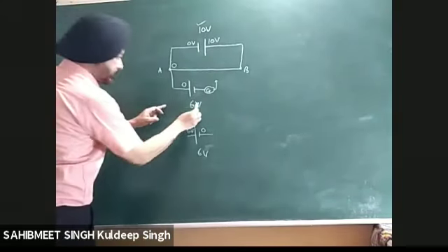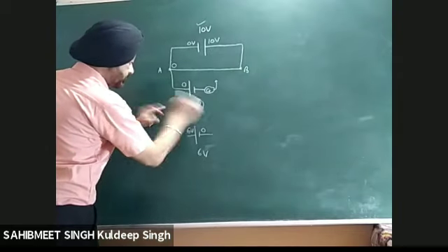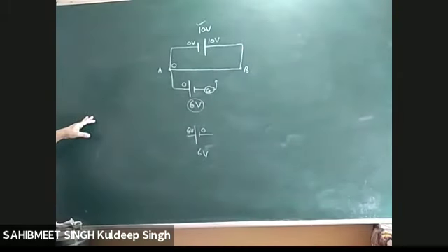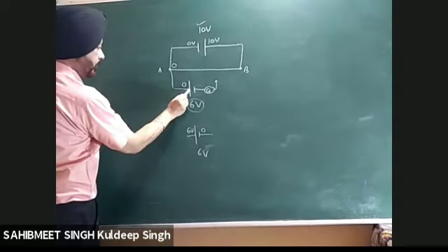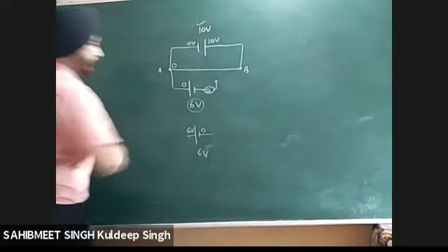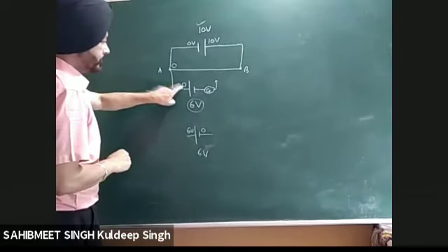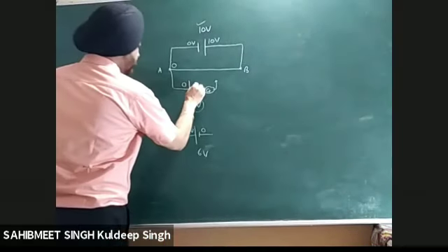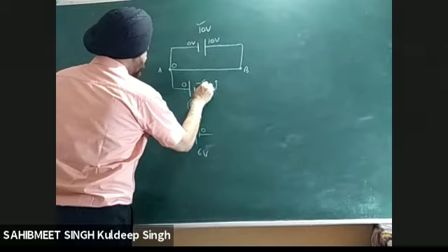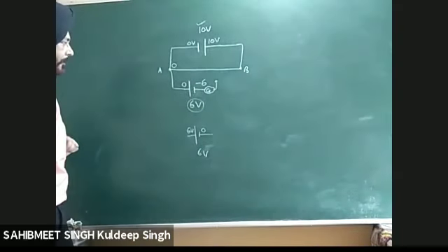Now the EMF is 6 volt. So therefore, the potential difference between the positive and negative terminal should be 6 volt. This is already at 0. Therefore, I have to take the other terminal at -6.